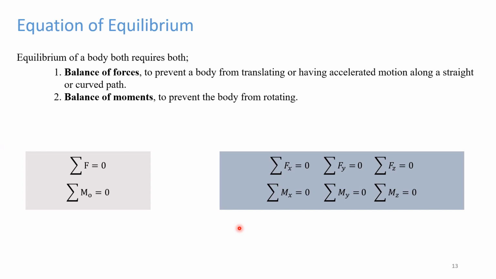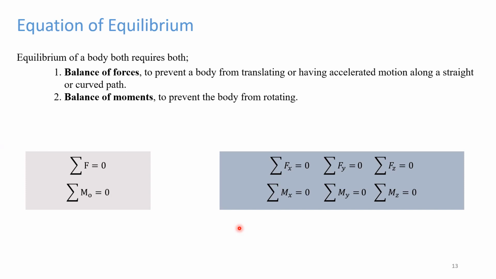Why do we want to balance forces? To prevent the body from translating or having accelerated motion. Because once it has a resultant force to either side, it may cause acceleration. I think you may know what acceleration means. We have a velocity and the acceleration.